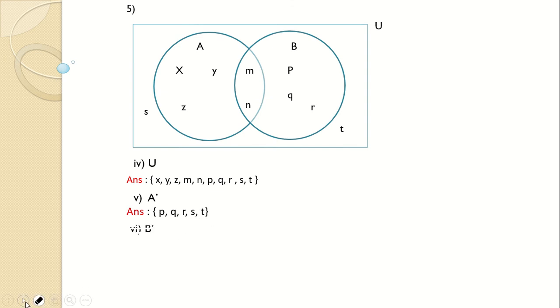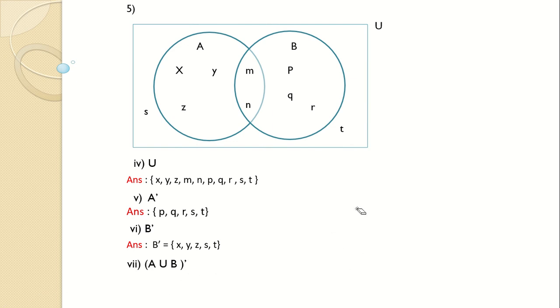Then next, B complement. So this is the boundary of B. All the elements that are outside B will go in B complement. So they are X, Y, Z, S and this T. Then next, A union B complement.